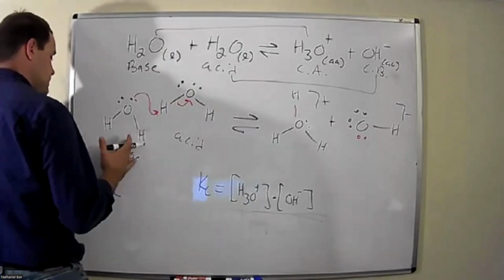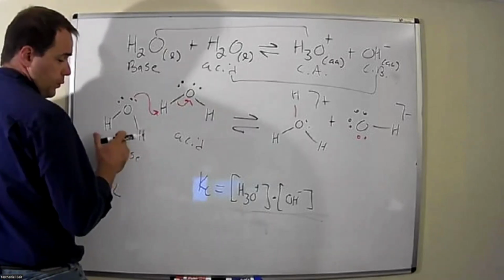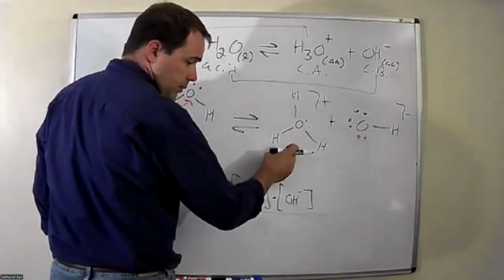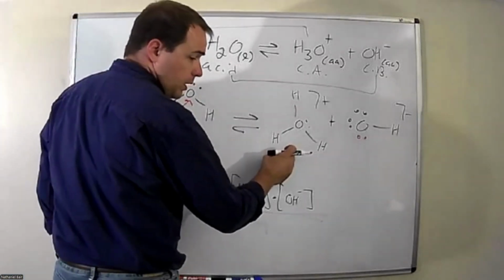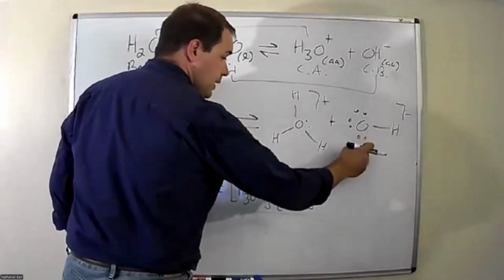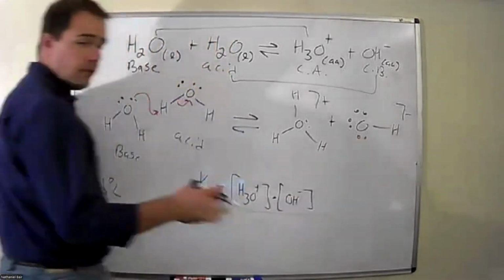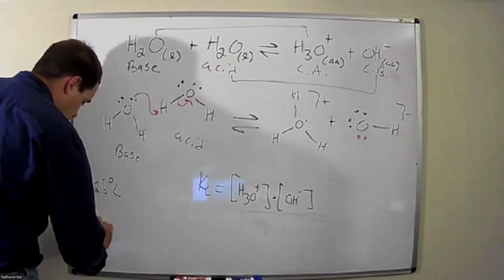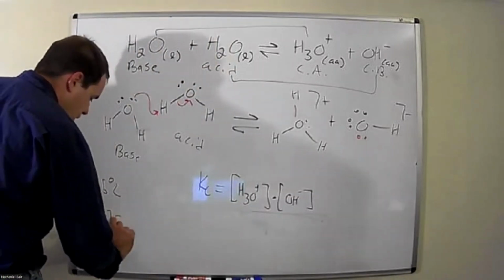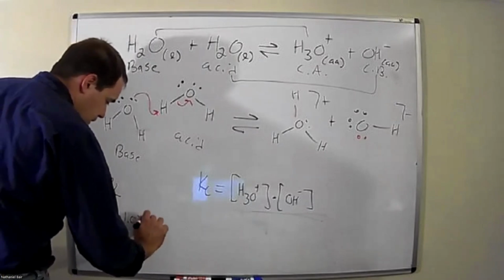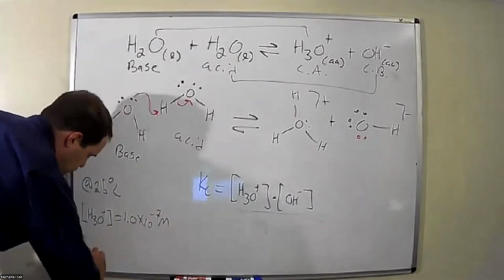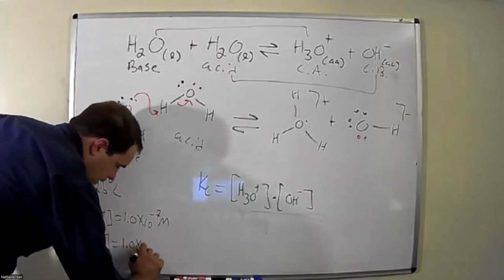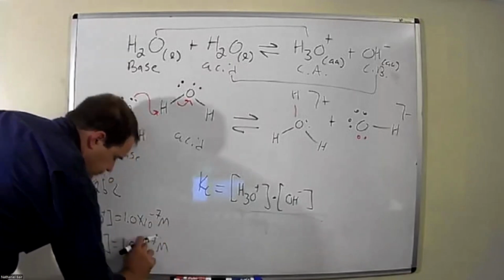So 1 times 10 to the negative 7th moles of water react with 1 times 10 to the negative 7th moles of water, we get 1 times 10 to the negative 7th moles per liter of hydronium, and 1 times 10 to the negative 7th moles per liter of hydroxide. So not very much. So at 25 degrees Celsius, the concentration of hydronium is 1 times 10 to the negative 7th molar, and the concentration of hydroxide is 1 times 10 to the negative 7th molar.